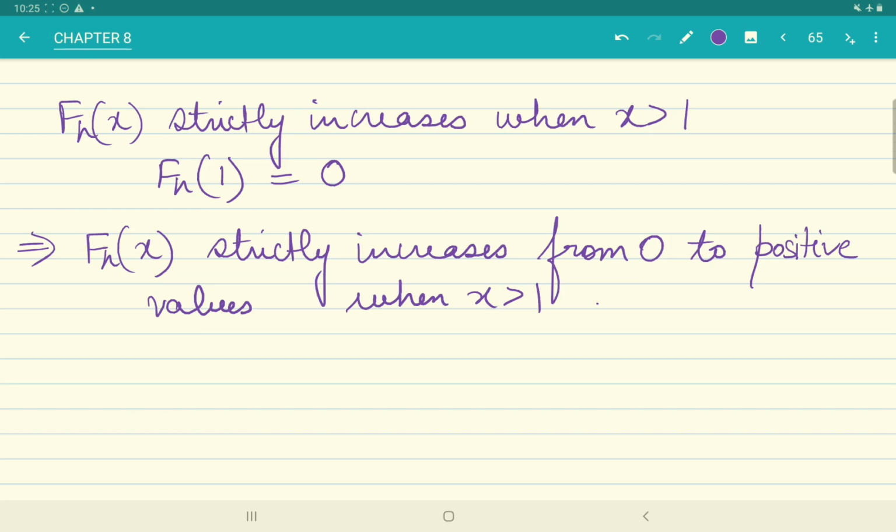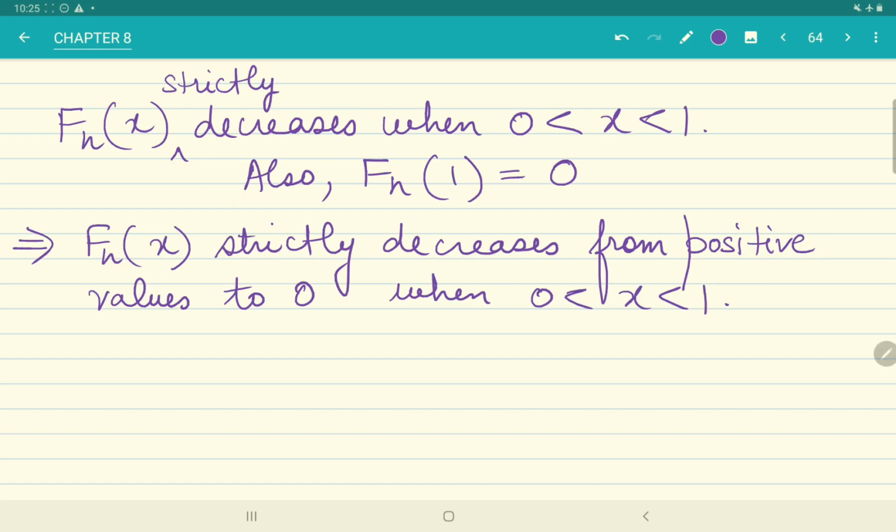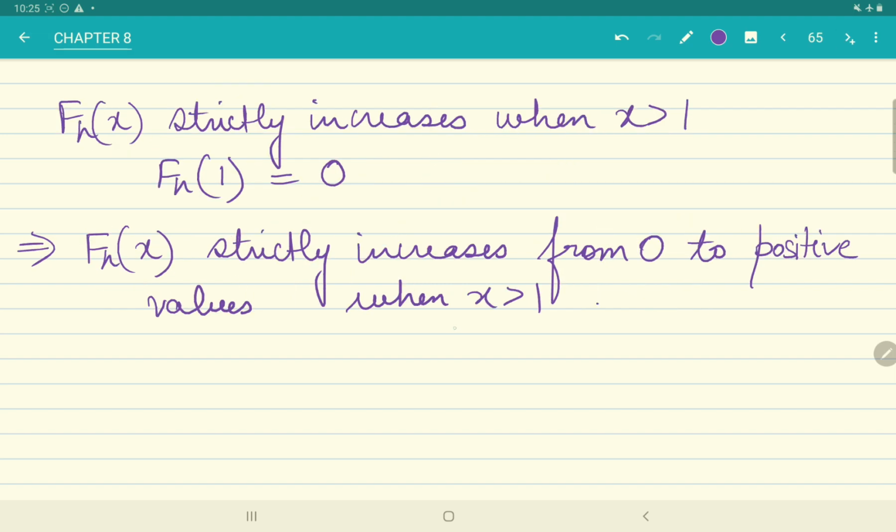That just means that the function is greater than 0 for all x greater than 0, because in one region the function is decreasing from positive values to 0, and in the other it is increasing from 0 to positive values.